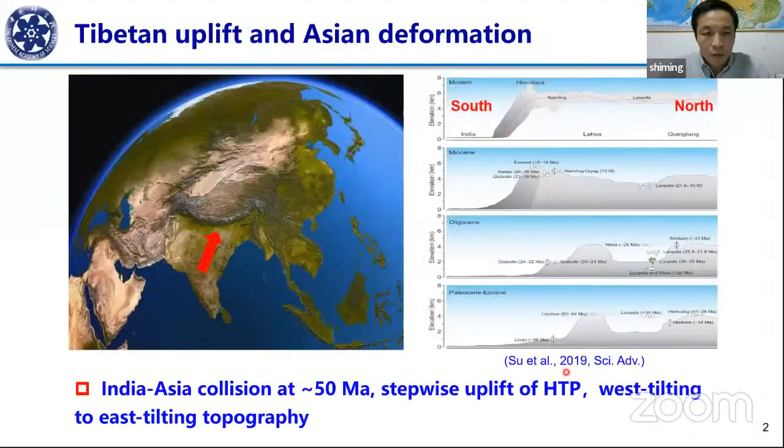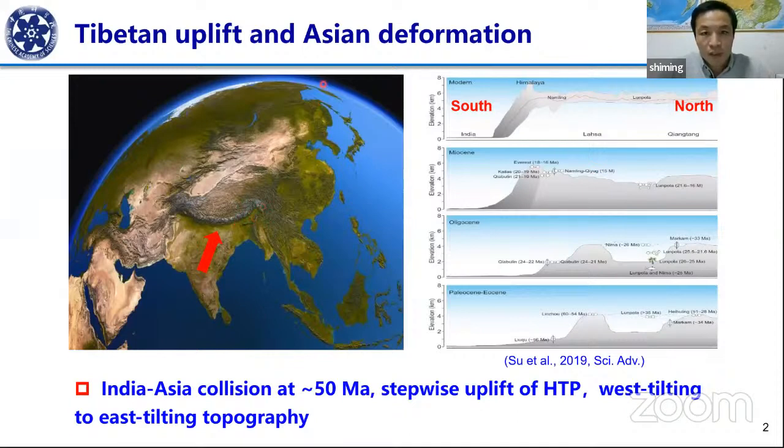As we know, the most important tectonic event on the Earth during the Cenozoic is the Tibetan uplift. With the collision of the Indian and Asian continents at about 50 million years ago, the Himalaya and the Tibetan Plateau progressively uplifted afterwards, especially during the Oligocene and the early Miocene.